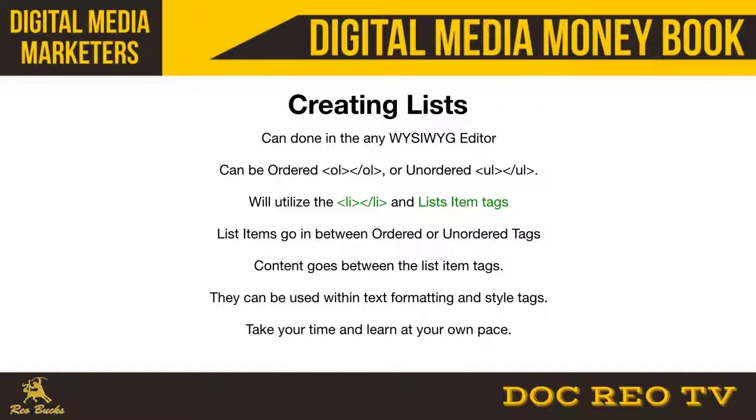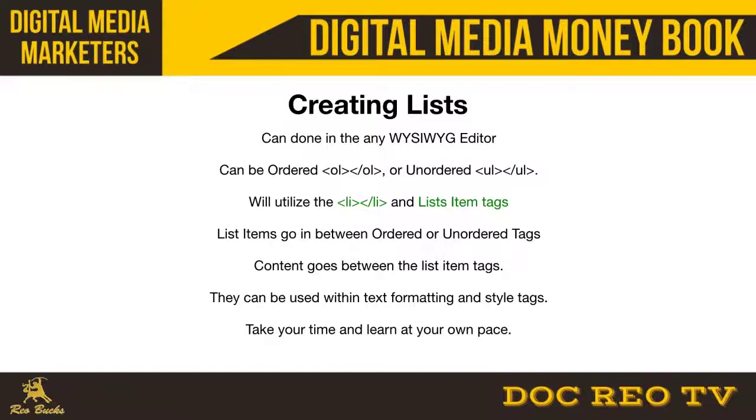And within the open and close OL or UL, you would have an LI, list items. And within those list items, you would have content. So list items go between the unordered list tags, and content goes between the list item tags. Just say it again. And I showed you, so you should be able to grasp that a little bit more.